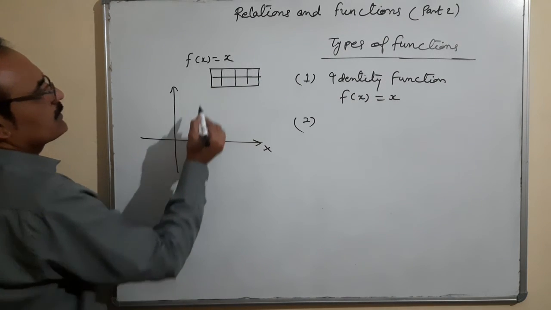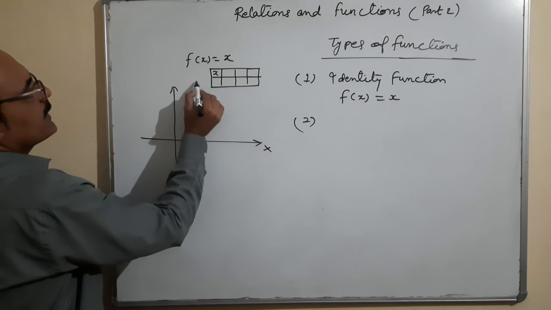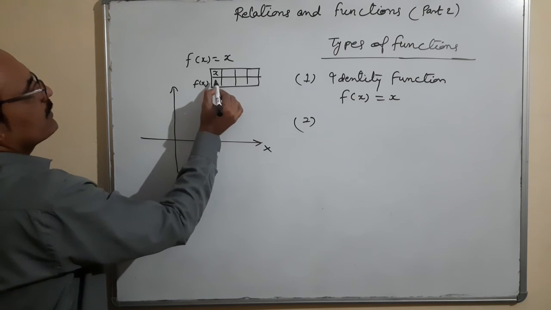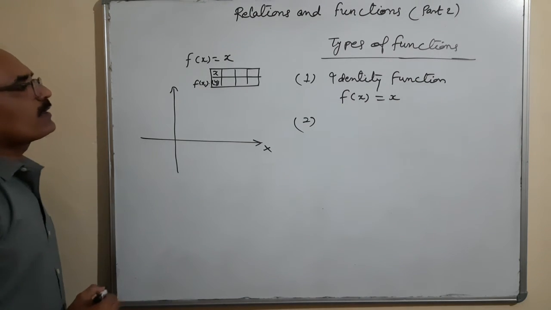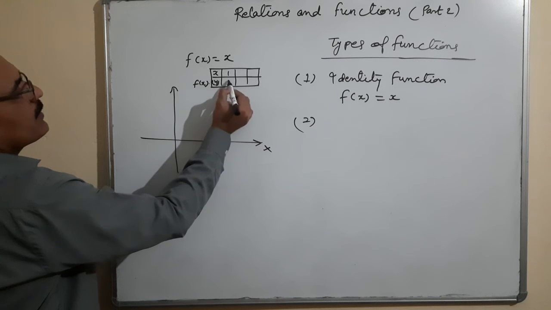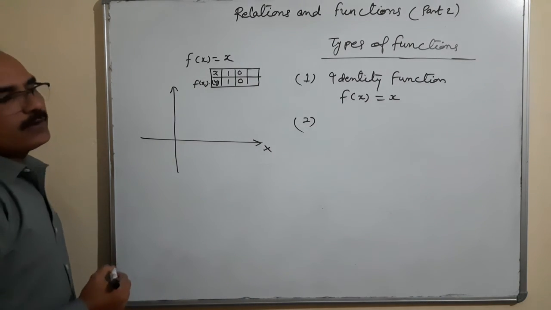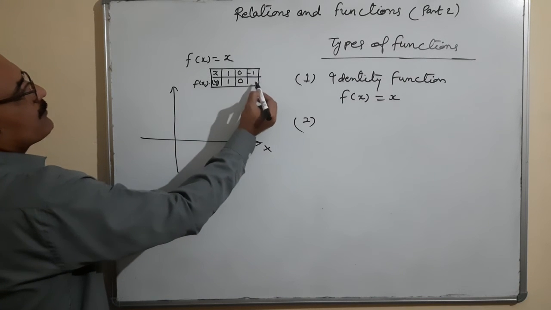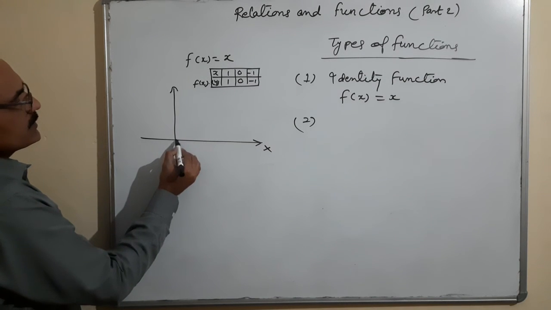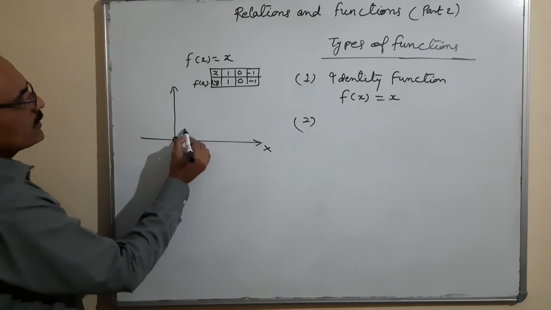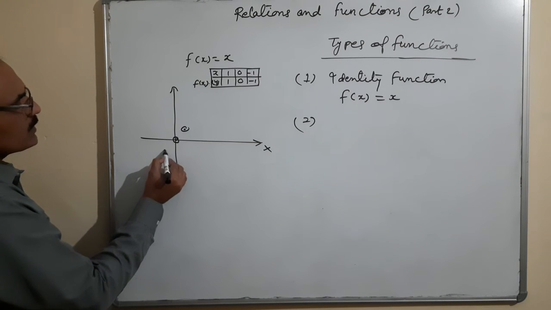This is the procedure: one column is x and the second is f of x, or y, same thing. Suppose I put x equal to 1, f of x is 1. x equal to 0, f of x is 0. x equal to minus 1, f of x is minus 1. So you see 0, 0; 1, 1; minus 1, minus 1.